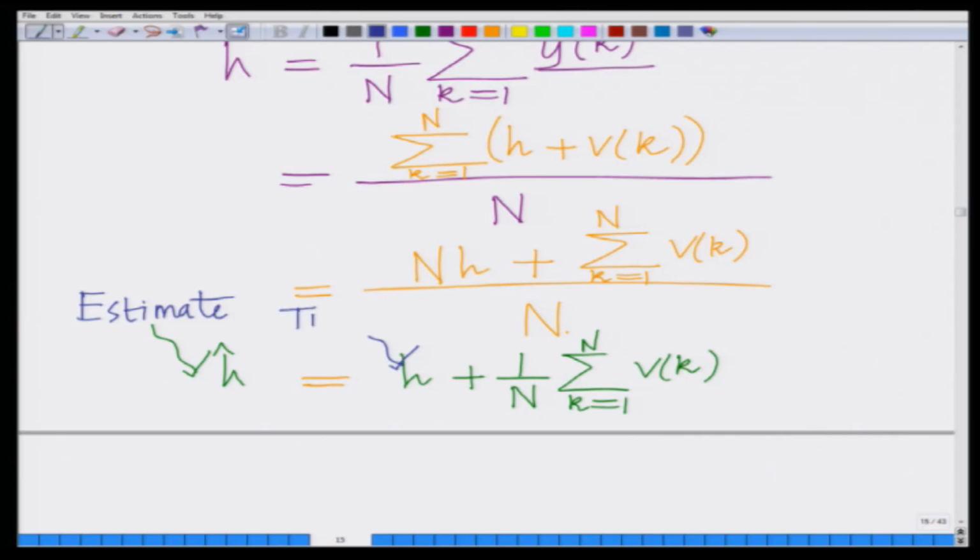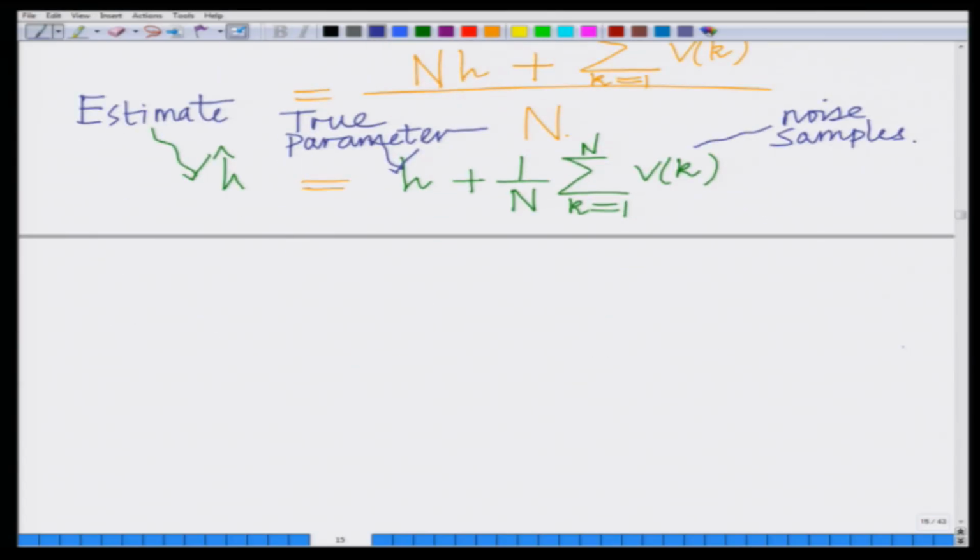This is the true parameter h, and these V_k are the observation noise, such that each expected V_k equals 0.